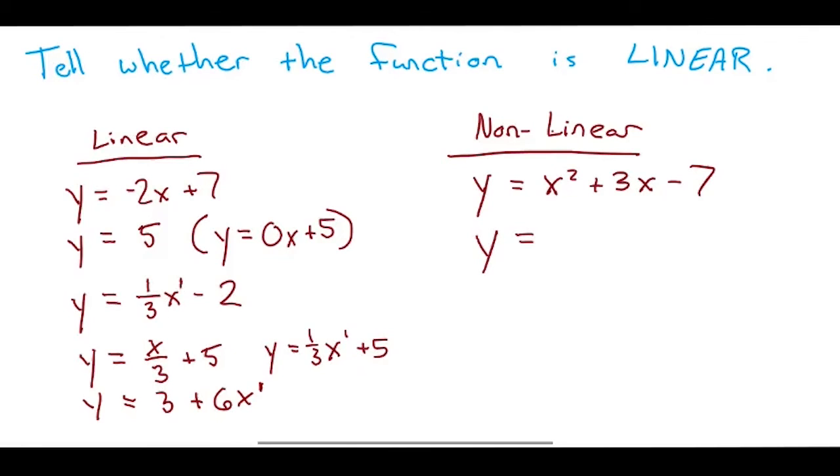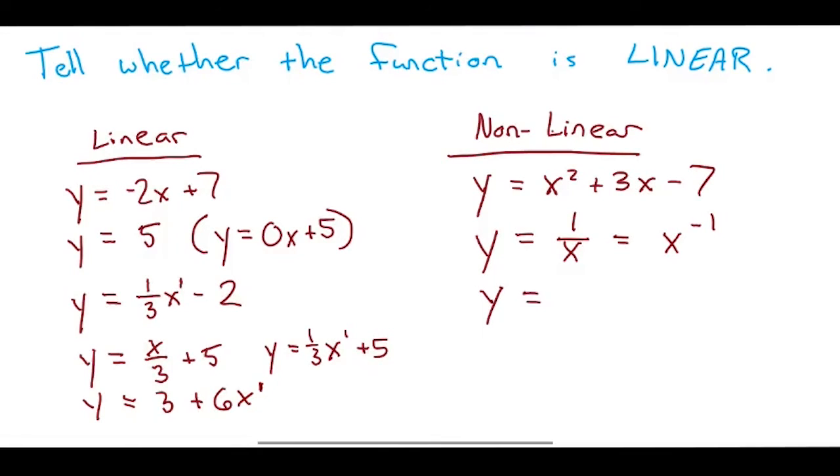Another example of a nonlinear function would be where there's an x on the bottom of a fraction. Remember that x on the bottom of a fraction is x to the negative 1 power, and x to the negative first power is not x to the first power.